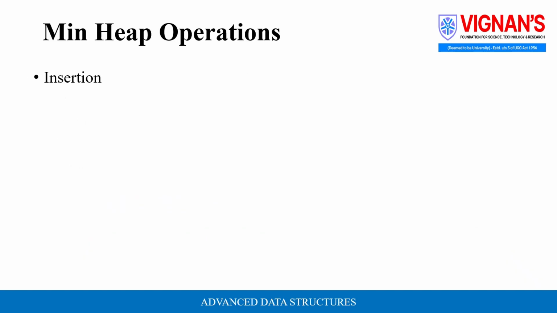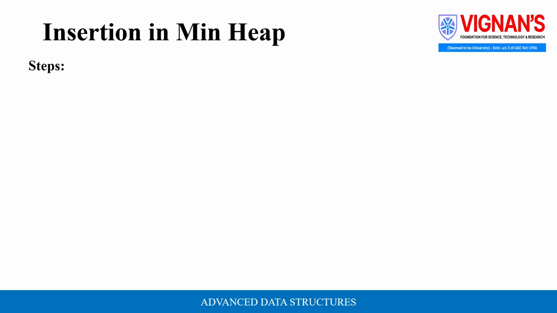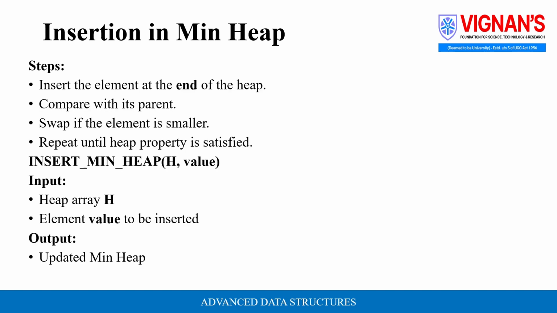Min heap operations: insertion, deletion or extract min, heapify operation, peek or get minimum. Insertion in a min heap is performed using the following steps. First, insert the element at the end of the heap.